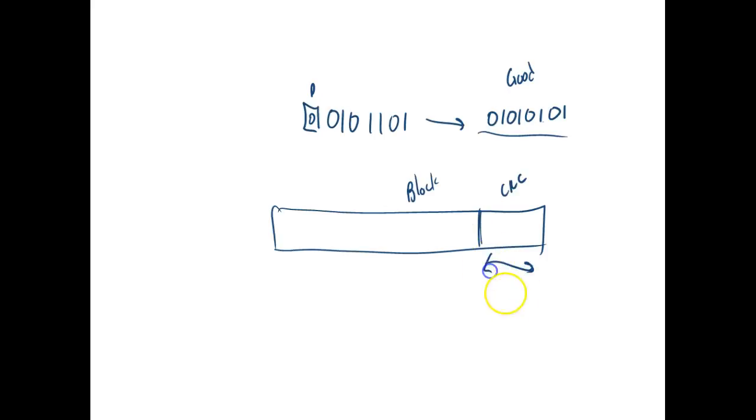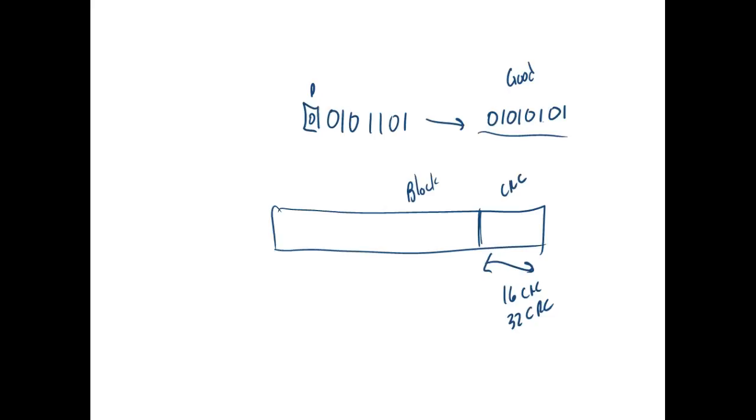And we can run 16-bit CRC, or the most popular now is 32-bit CRC. 32-bit CRC's got like a 99.99999% chance of finding errors. CRC 16 is something like 99.5 or something like that. So these are real reliable.